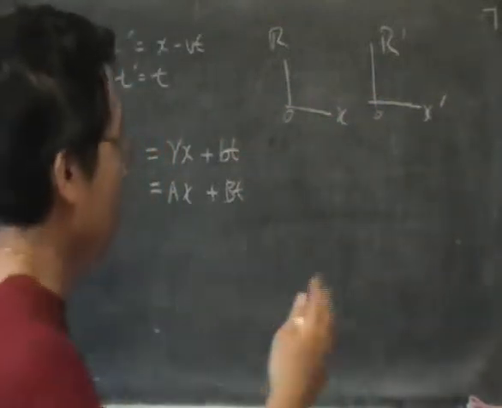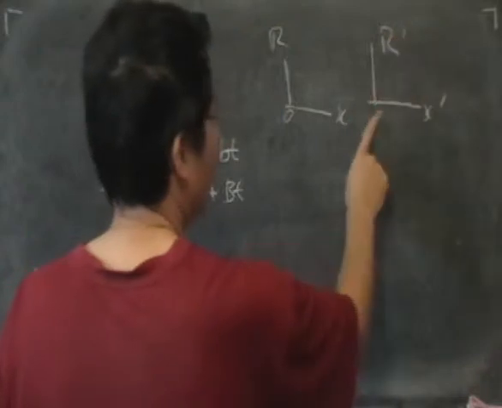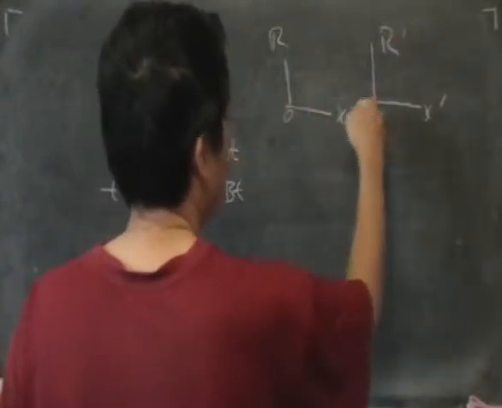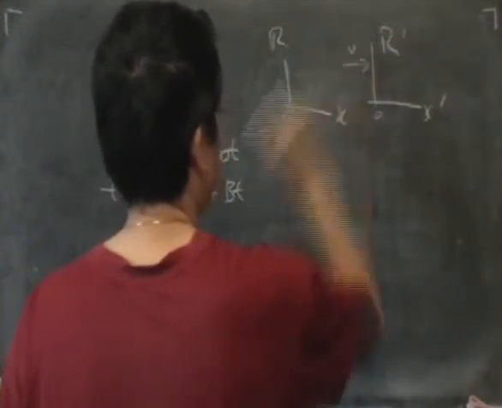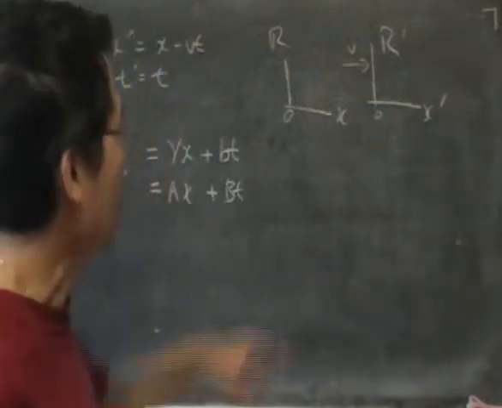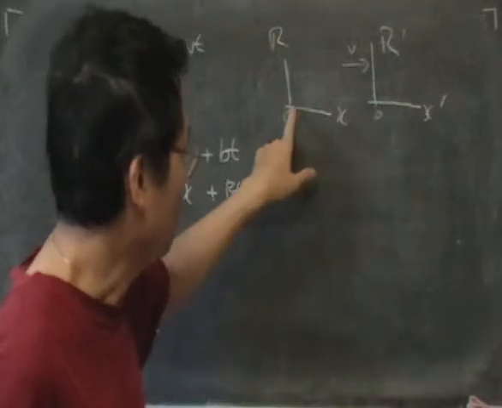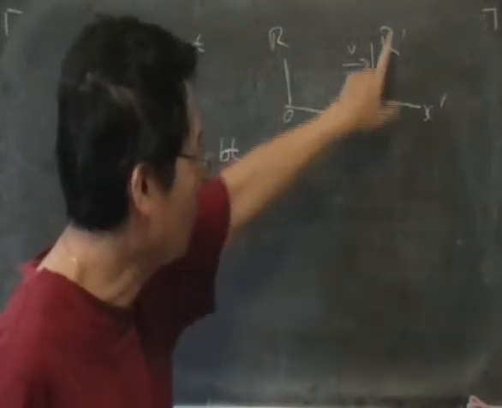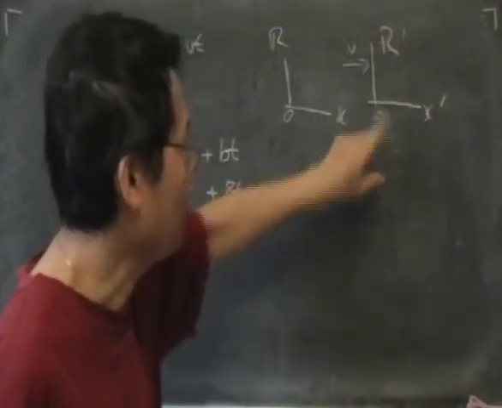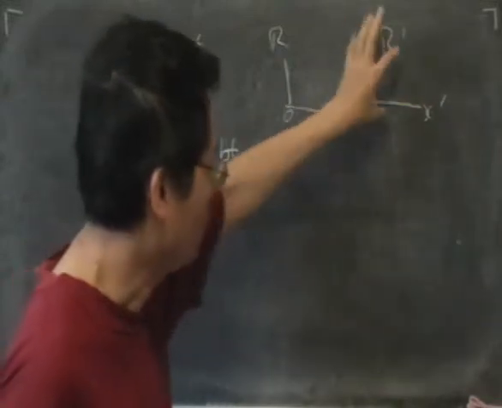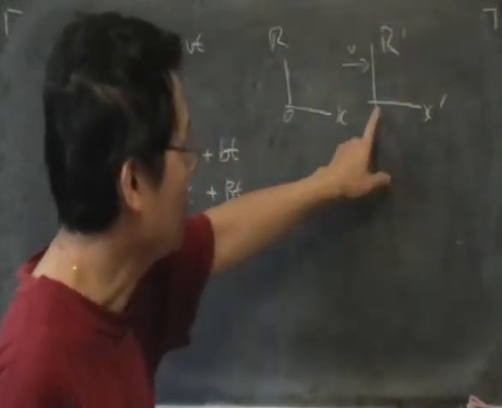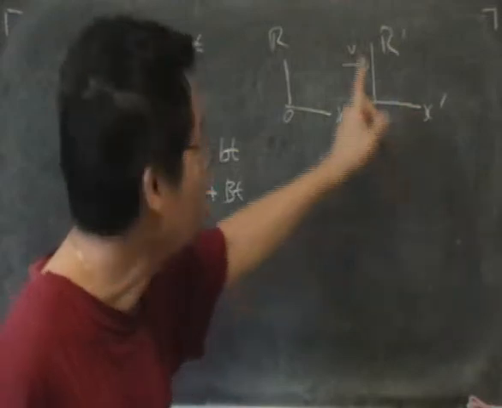So as time passes, the origin of this R prime frame moves to the right with a velocity v. So as far as this observer is concerned, if he keeps looking at the origin of his moving frame, then he'll see that the origin moves to the right with this velocity v.